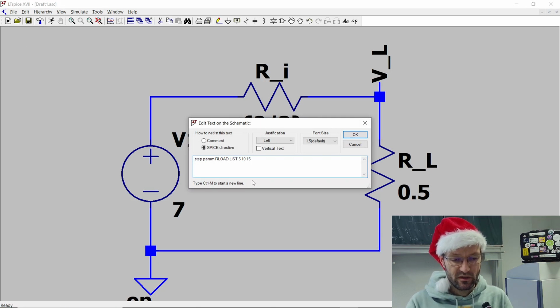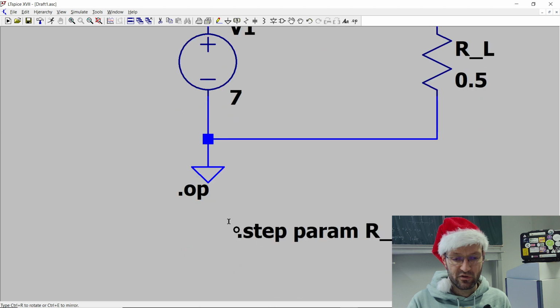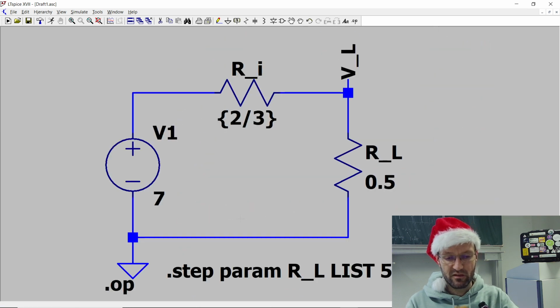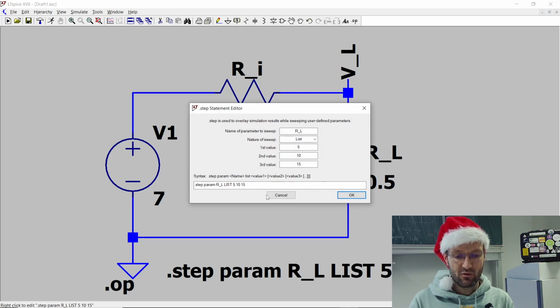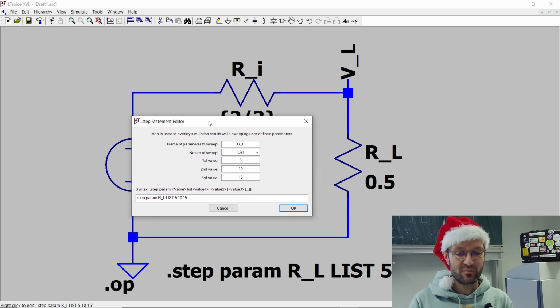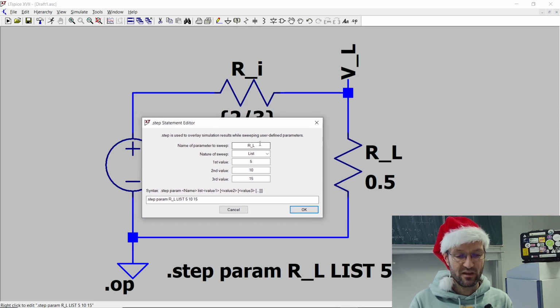Our load resistor is called RL, and I would just say OK and place it somewhere here, and then with space on the keyboard go back. Now if I click on this with the other mouse button, some menu opens up where I can say I want to sweep this load resistor RL, and I don't want to do a list, I want to do a decadic, logarithmic sweep.